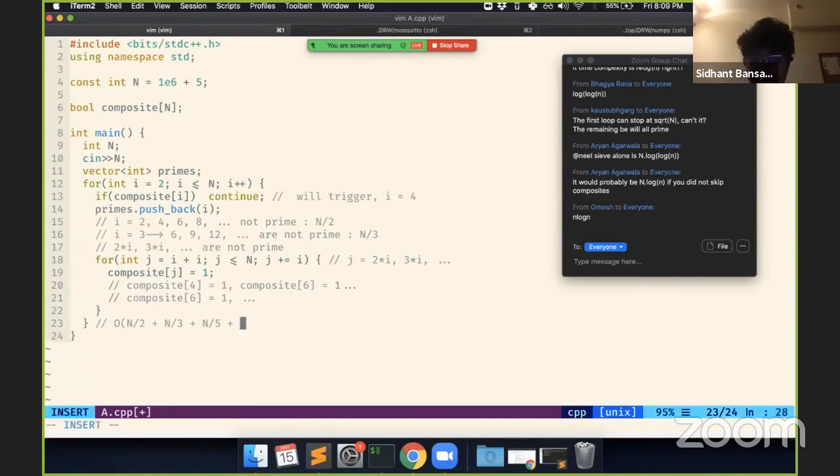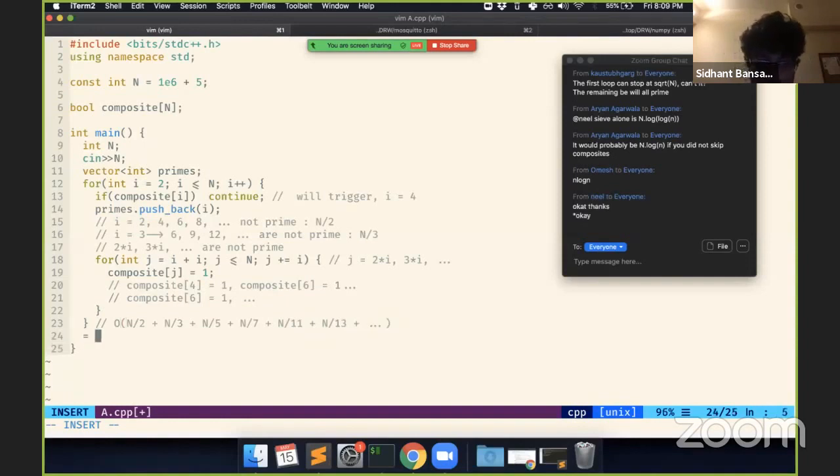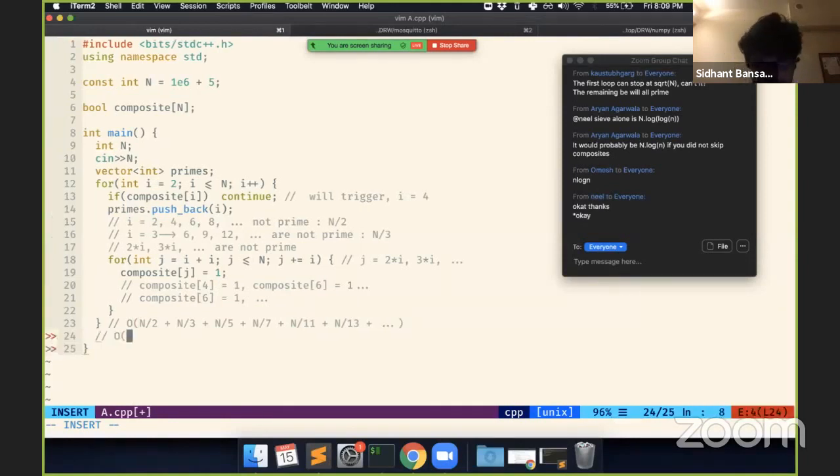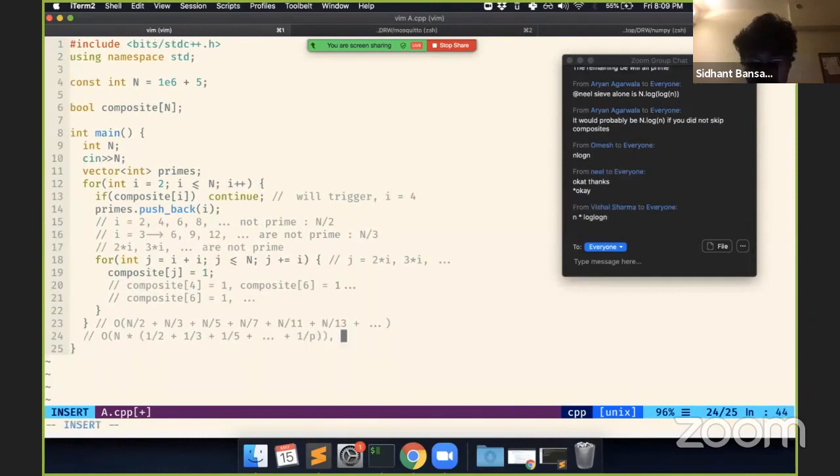So n by 5 plus n by 7. Again, 6 won't be triggered because it will be composite. So all these numbers that I'm adding here are going to be primes, right? And in the complexity analysis session we did this, this is equal to the sum of 1 by p in general, where p is prime, right? And this actually comes out to be order n log log n.